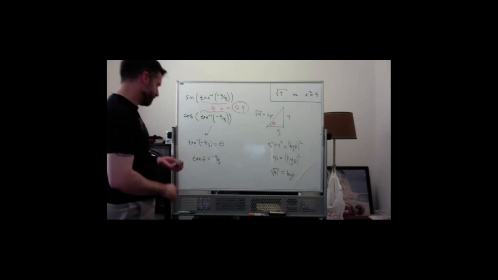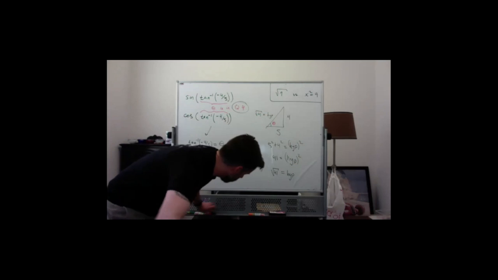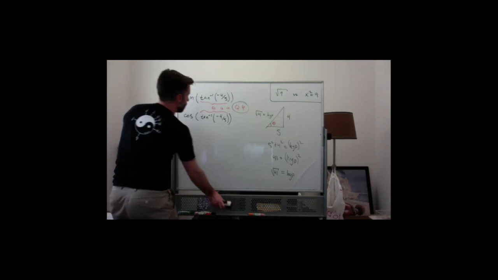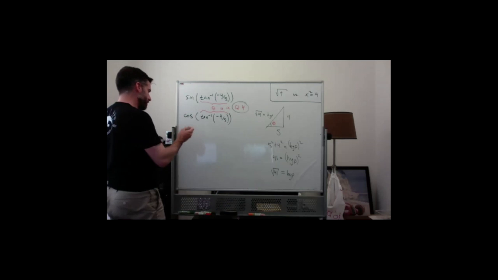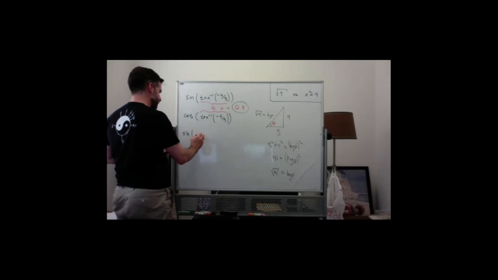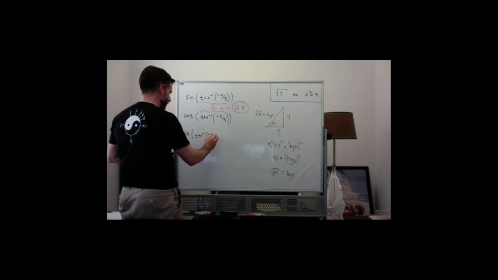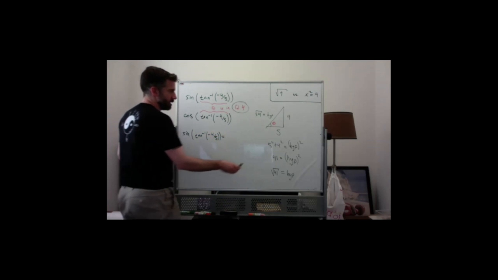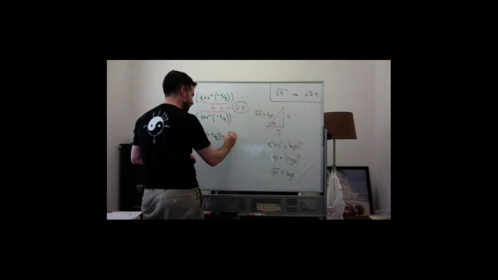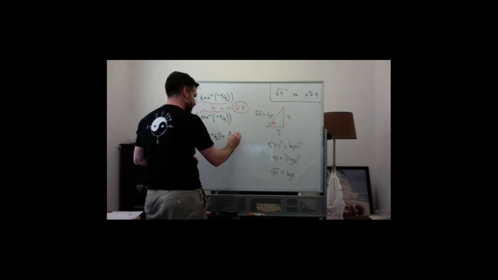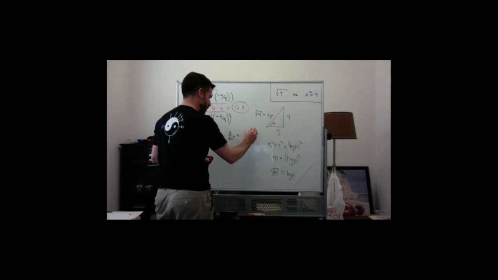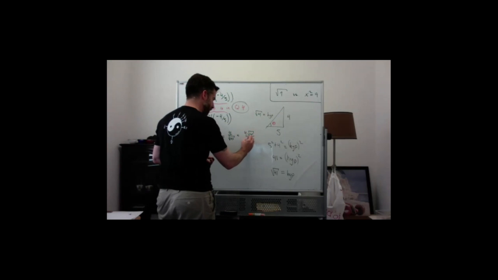So then, I'm going to erase this over here. I can say that the sine of the inverse tangent of -4/5 is the opposite over the hypotenuse, which is going to be 4 over the square root of 41, which I should rationalize as 4 root 41 over 41.